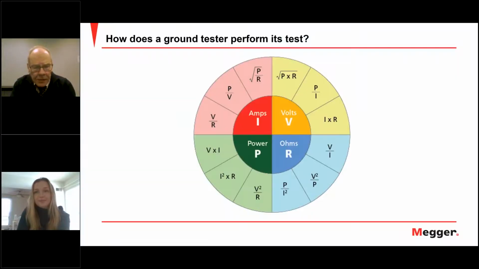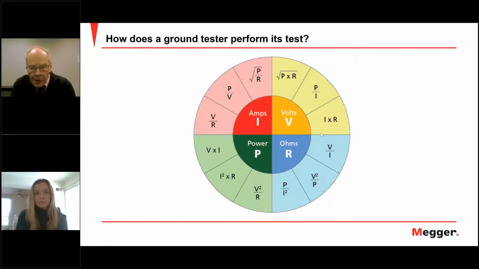Okay, let's see. We have a slide that goes along with this one, and fundamentally it's telling you it's basic Ohm's law. There are no curveballs or anything like that in ground testing.